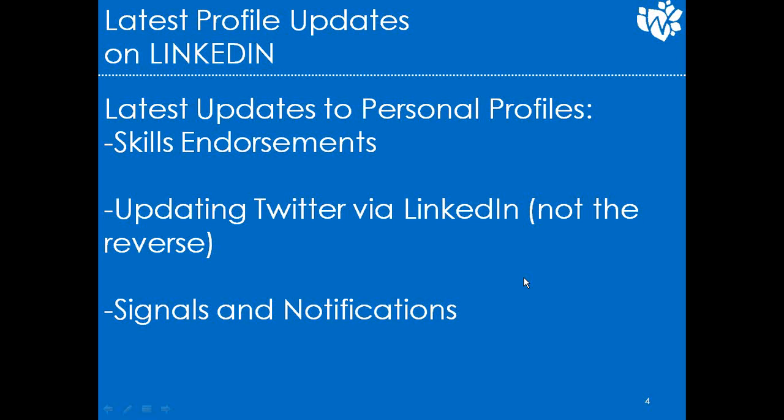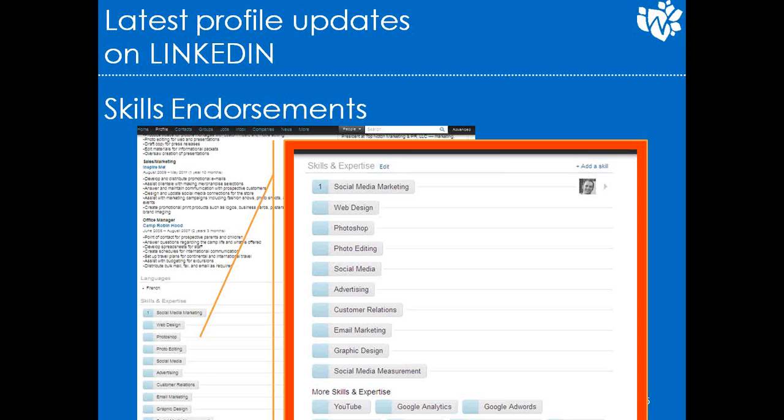So let's look at the first thing here, which is skills endorsements. This is the part on your profile that you'll see. I pulled this directly from my profile. If you scroll down past your previous work and that sort of thing, these skills and expertise, they pull these from your profile.